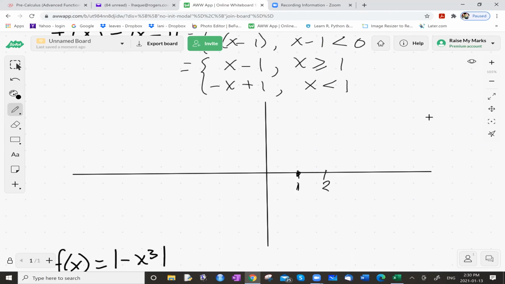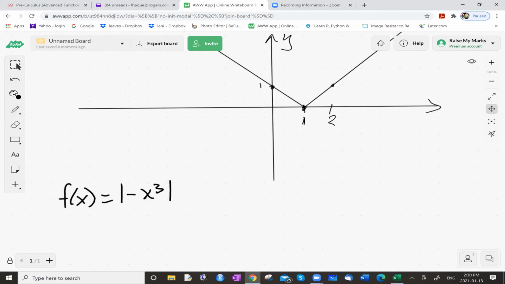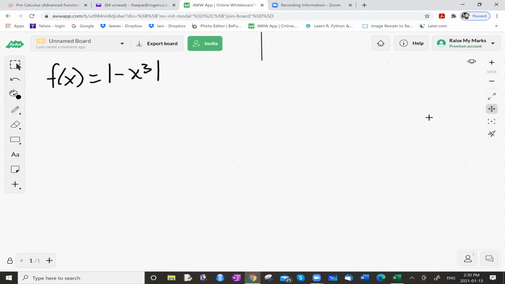When x equals 2, our function equals 1. When x is 0, our function equals 1. That might be enough to give us our line. So there, this is what our function looks like. Good. All right, a little bit tougher.